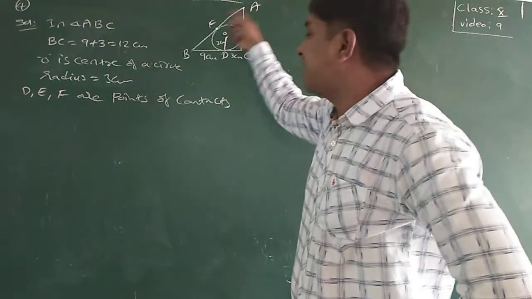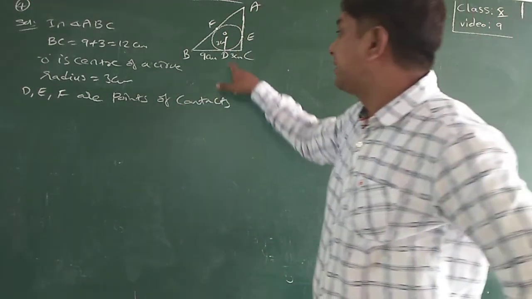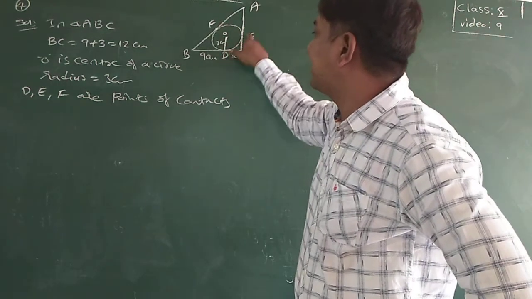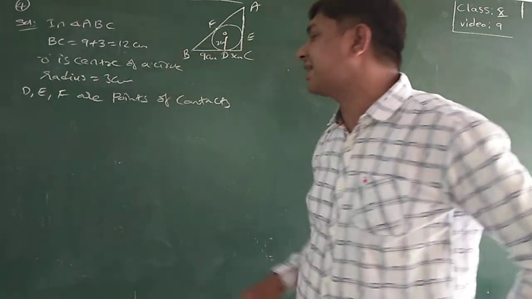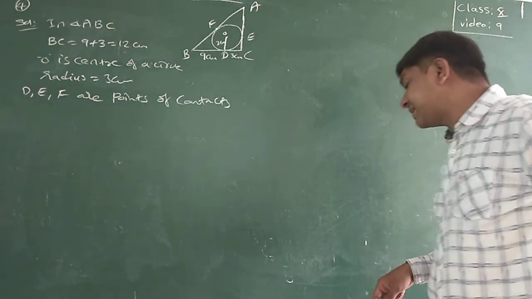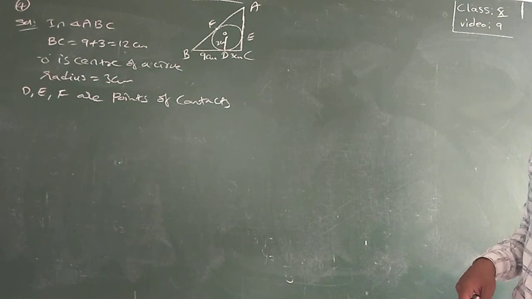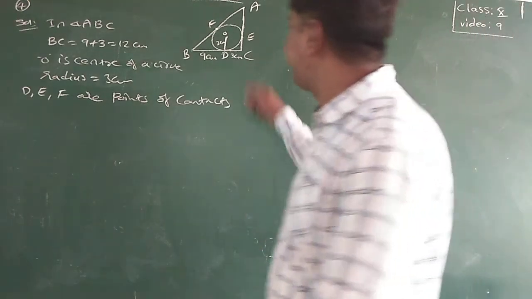When a triangle circumscribes a circle, there will be three points of contact, D, E, F.